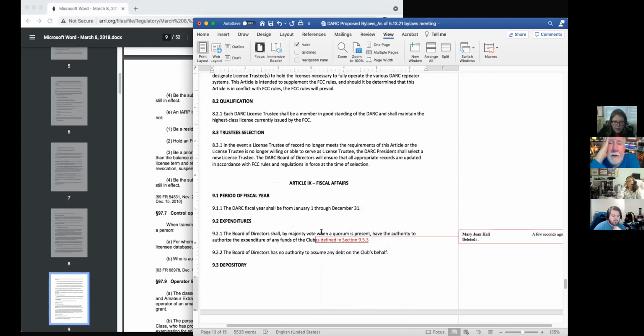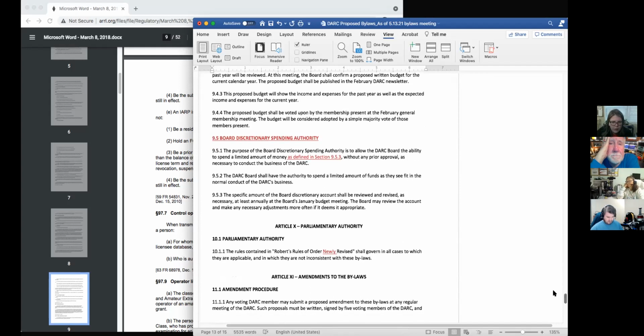What about that? 9.5.3, and then clarify down here. I think that can use a little more clarification. But I was taking it too general, where any funds, then that's anything in the budget.